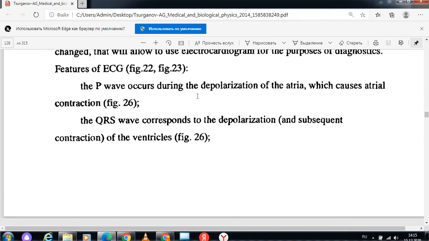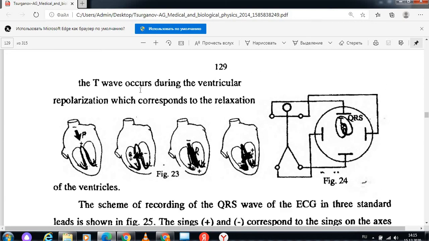The QRS wave corresponds to depolarization and subsequent contraction of the ventricles, on figure 26. The T wave occurs during the ventricular repolarization, which corresponds to the relaxation.